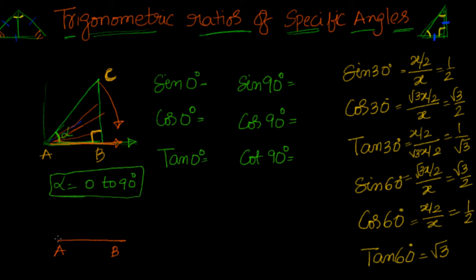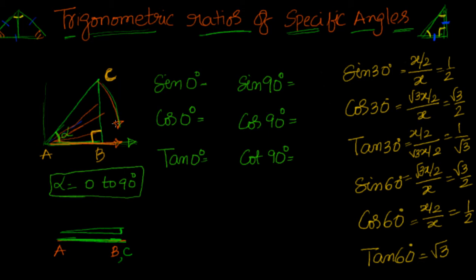There is no C because C is coinciding with B. You got what I am saying? It is not a triangle anymore. If you take a little bit before 0, it will look like this. See what you can see?